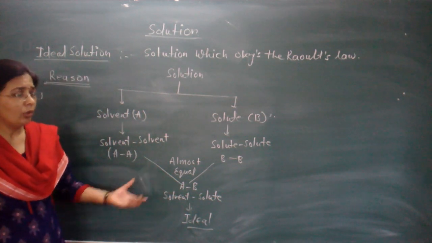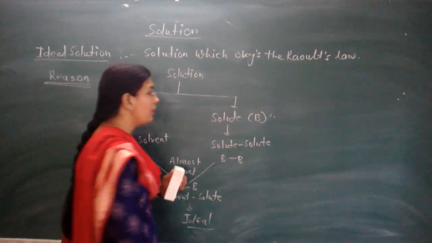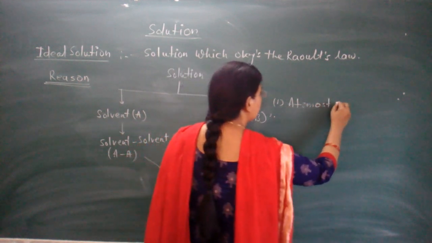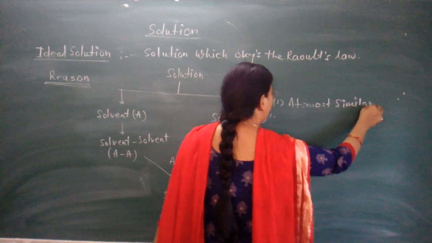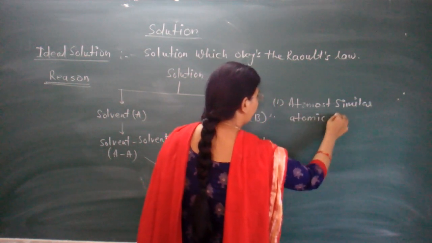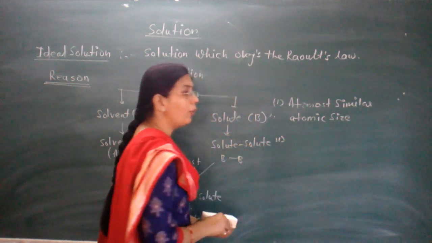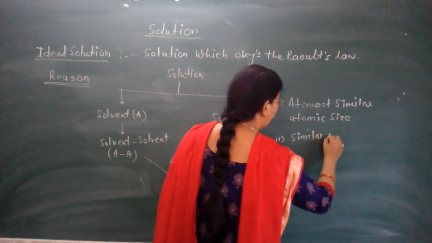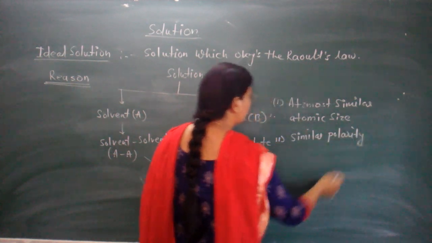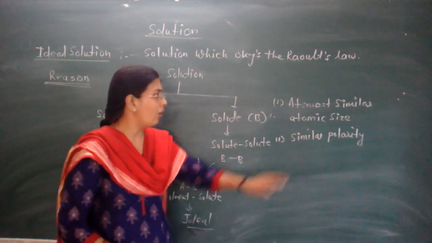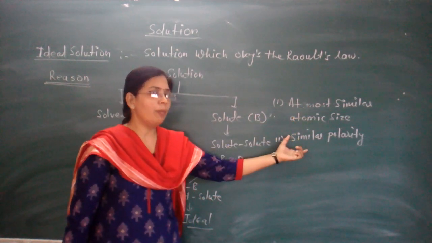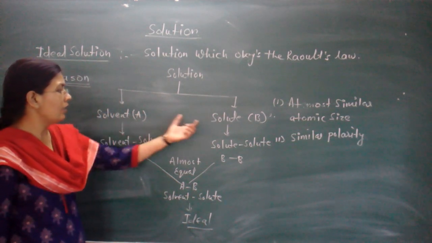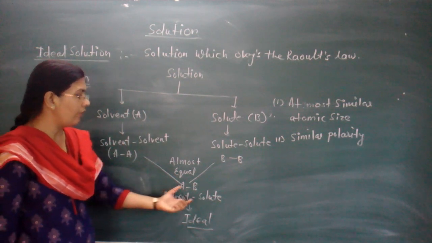This is possible when the solute and solvent particles have almost similar atomic size and the same polarity, that is, similar electronegativity. Those solutions in which the solute and solvent particles have almost similar size and polarity show ideal behavior, because the solvent-solute interaction is almost equal to the solvent-solvent interaction.